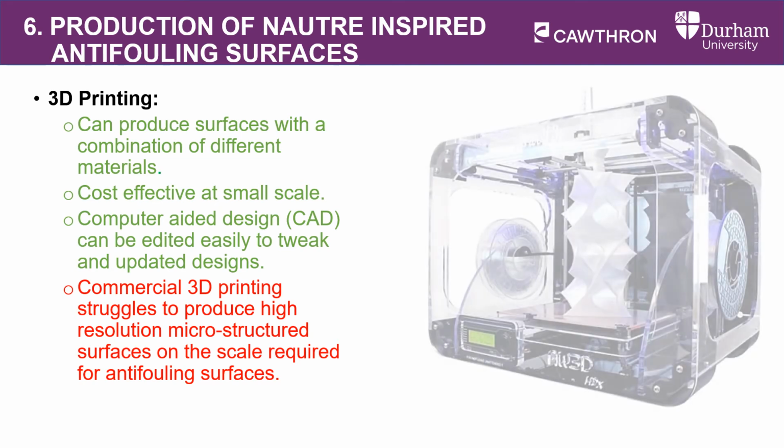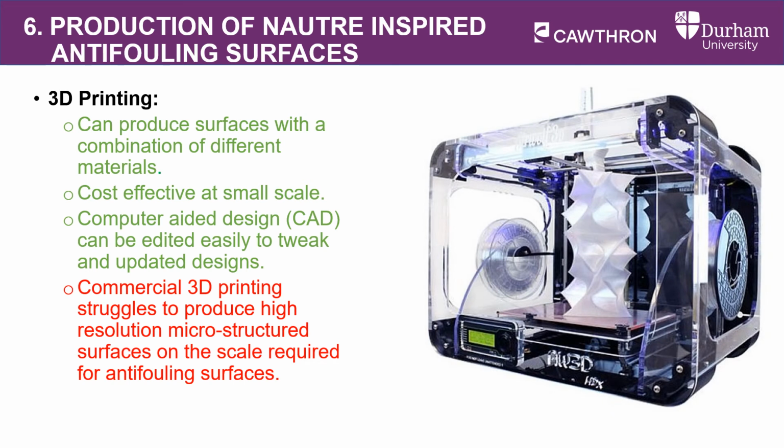3D printers, such as this one here, are an increasingly common production tool to produce microtextured and nature-inspired surfaces. They are flexible, cost-effective at small scale, and the designs can be tweaked and updated easily using computer-aided design software.